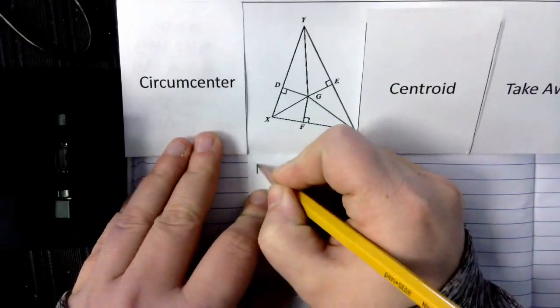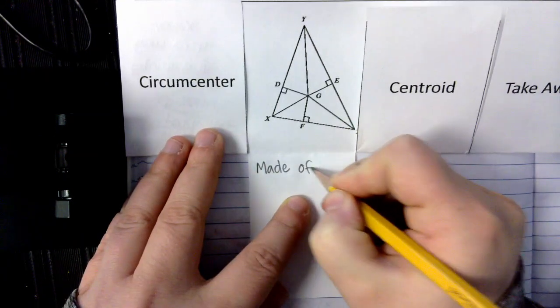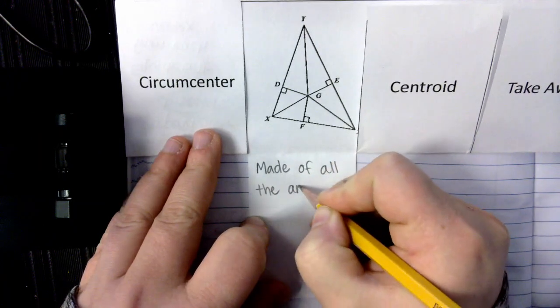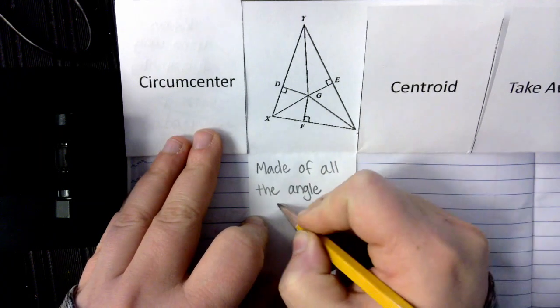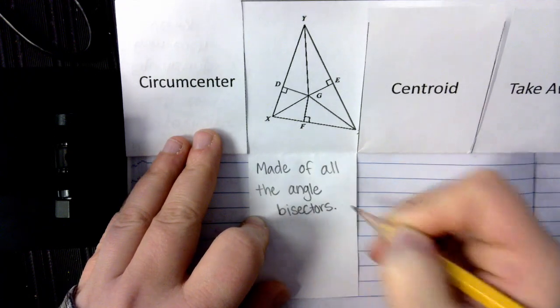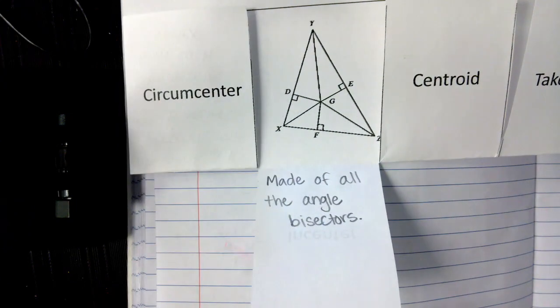So we can mark that up because we know at each of those vertices, at the X, the Y, the Z, we know that it cuts that in half. So up at Y, I'm going to mark that DYG, this side. That angle congruent to GYE.